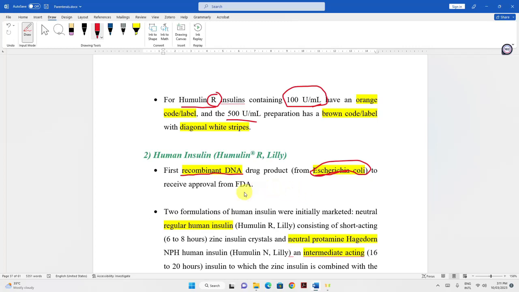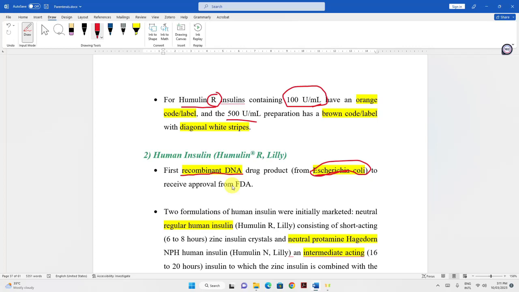The first insulin product that came from recombinant DNA was the regular insulin, the human insulin, and it was available in the market in 1983. We are talking about 40 years ago. Even though it's 40 years ago, we don't consider that a very long time.